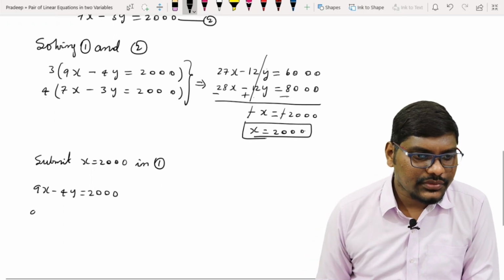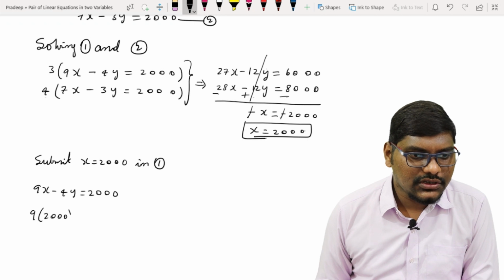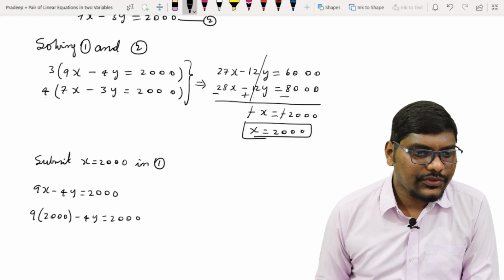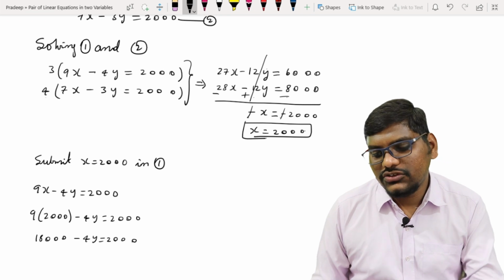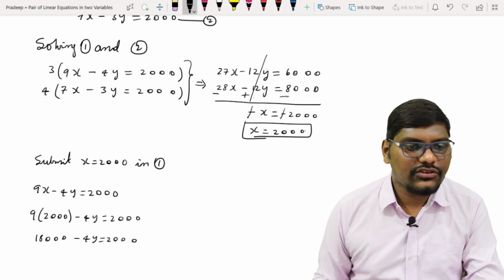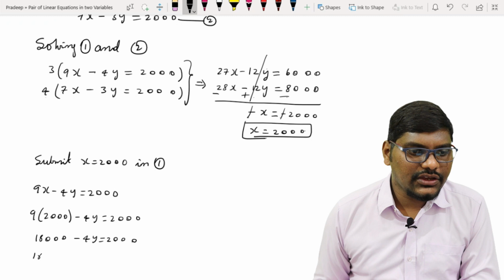So this is 9 into 2000 minus 4y equal to, this is again 2000. So 9 2s are 18, so this is 18,000 minus 4y equal to 2000. If I send this 2000 to the other side, we get 18,000 minus 2000 equal to 4y.